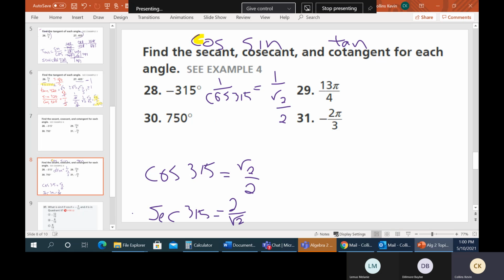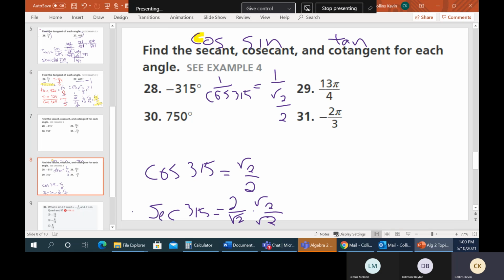And again, these guys don't like the square roots in the bottom, so we're going to do this bit again. Square root of 2 over the square root of 2. So that's going to equal 2 square root of 2 over the square root of 2 times the square root of 2, which is the square root of 4, but that's just 2. I've got 2 over 2, those just cancel out. So the secant of 315 is the square root of 2.